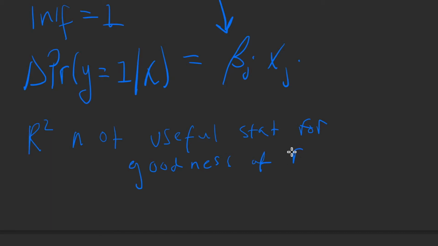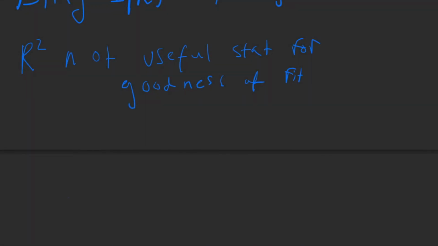We have two options instead of r squared. So the reason that r squared is not a useful statistic for goodness of fit is that r squared tells us how well the explanatory variables explain the sample variance in y.